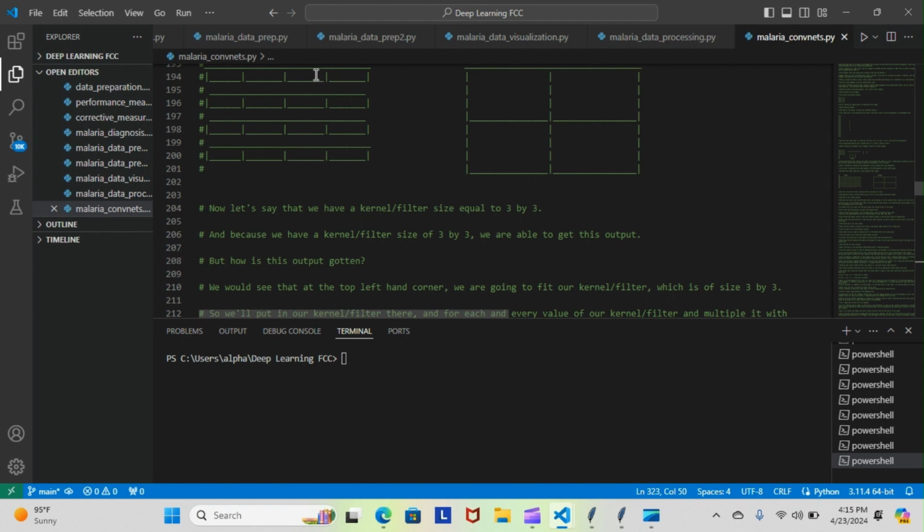Even though it is encapsulated inside of our kernel, it's still just one movement, which reduces the outputs we have. So this would be a 1x1 instead of a 2x2, because we're only moving 1 stride. So that's why it reduces the output size.